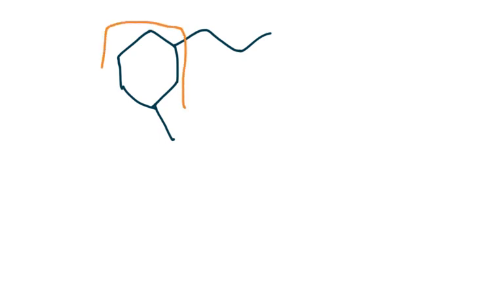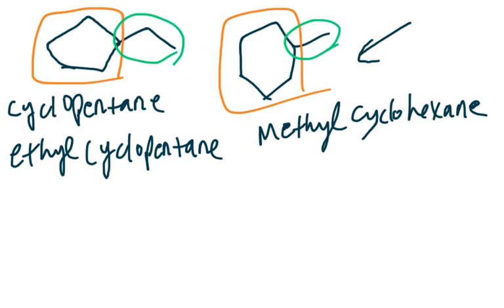So let's say we have another cyclohexane ring, and on this, let's put a substituent here and a substituent here. If we name the parent, it would be this, and the substituents would be this and this. But if we take note of what happened previously, we only had two things to worry about: a substituent and the parent molecule.